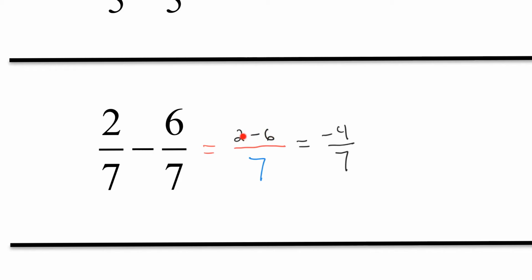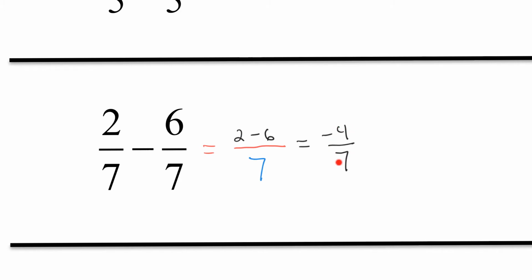It is negative because when you follow the rules, this 2 is positive, this 6 is negative. So when you have different signs, you subtract the numbers and keep the sign of the biggest number. So 2 minus 6 is negative 4, and then you keep the denominator.